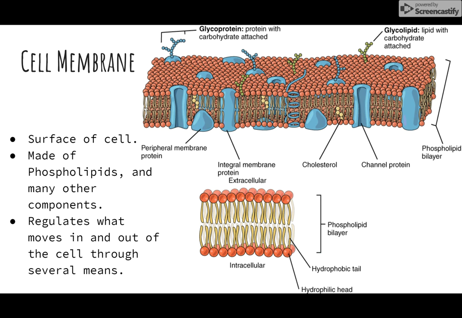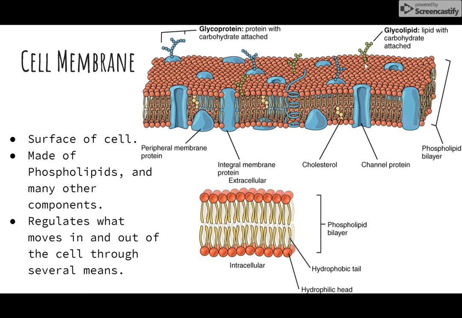It also has other components, and you can see those here in this picture. We have the phospholipids, and then we have proteins, cholesterols, glycolipids, tons of different things. Things like channel proteins act as doorways to allow stuff into the cell. Smaller things can just pass directly through the membrane, in or out of the cell.